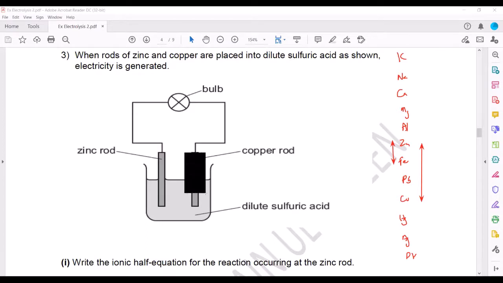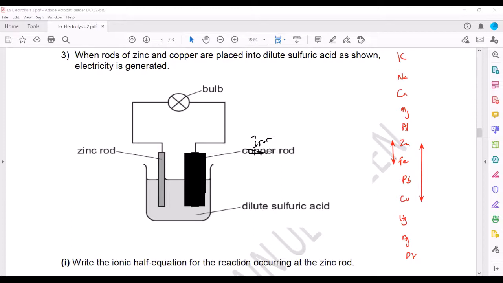If I use an iron rod instead of copper, will the brightness increase or decrease? If we are using zinc and iron, there is a smaller difference in reactivity compared to zinc and copper.